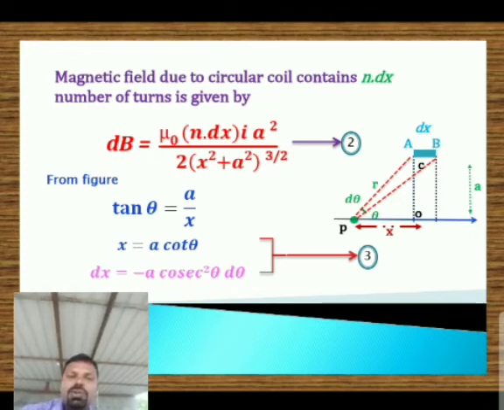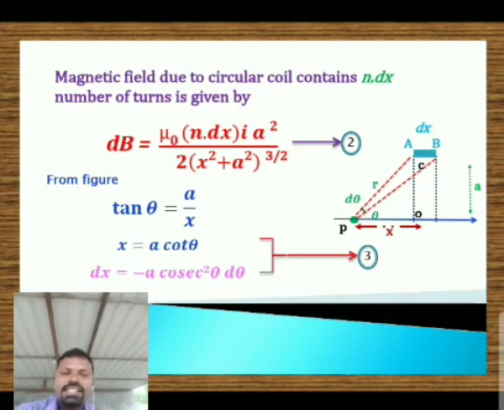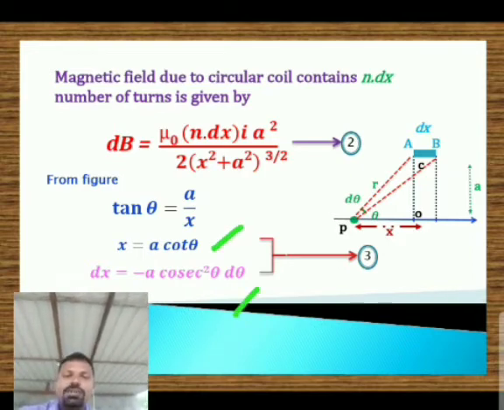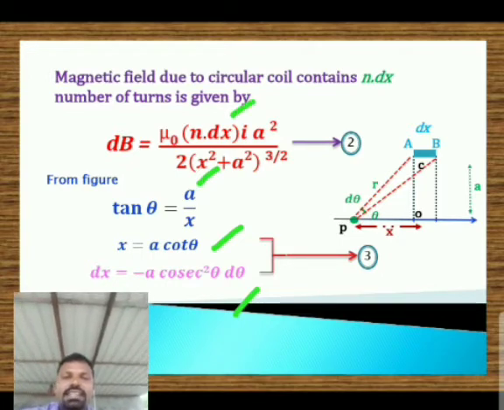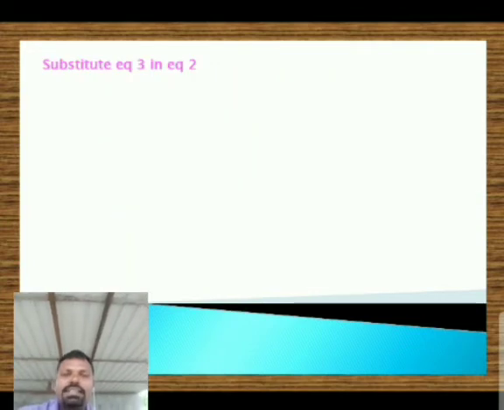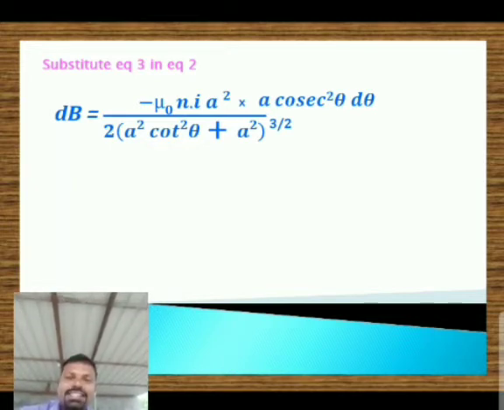Already you have equation 2. Substitute the x and dx values in equation 2, where x is equal to a cot theta and dx is equal to minus a cosecant square theta d theta. Then dB is equal to minus mu naught n I a square times a cosecant square theta d theta by 2 into (a square cot square theta plus a square) power 3 by 2.